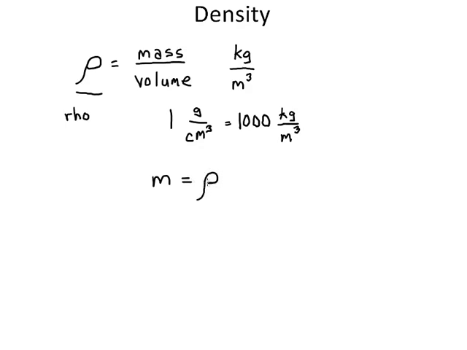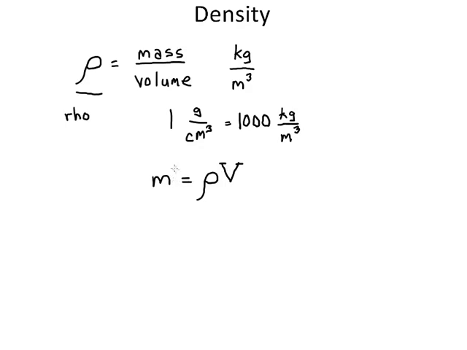And so if I were to do a little bit of math on this, I would see that the mass of any object can be also expressed as its density times its volume. And this is going to be very, very handy for us. Okay, as far as doing problems in this, make sure you have your quantities in the right units, kilograms per meters cubed for density, meters cubed for volumes, and kilograms for mass.